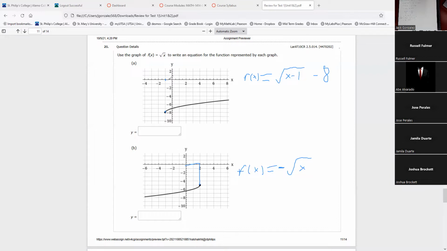I think I got that backwards. This is a horizontal shift, so this should be plus. This should be minus. Yeah, there we go. Minus 5. So it's shifted down 5 and to the right 2. So this should be minus 2. If it shifts to the left, it's a plus.